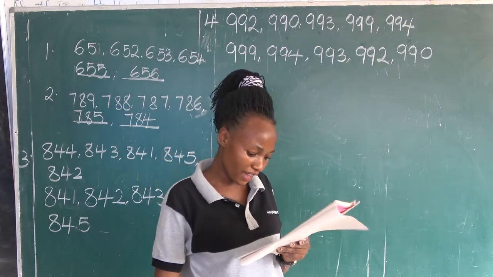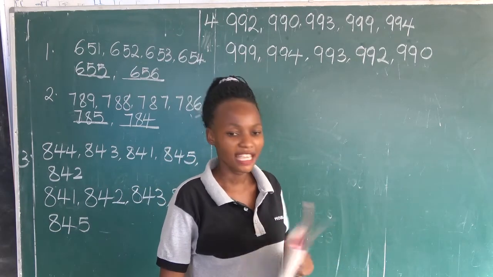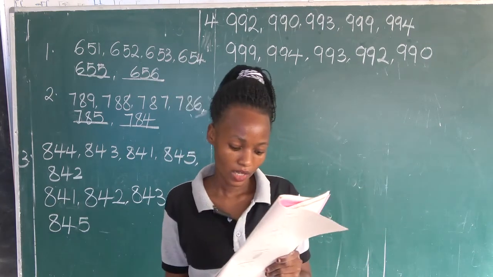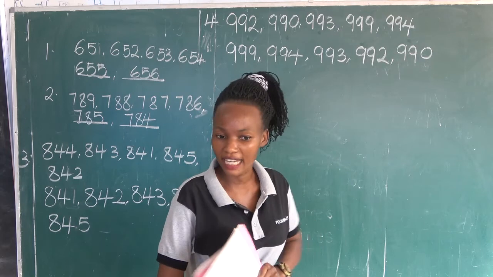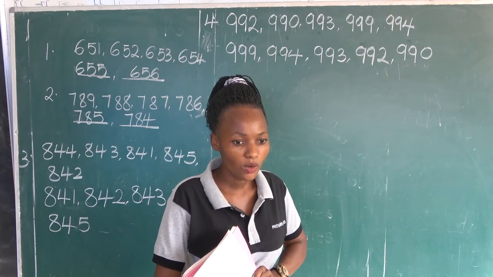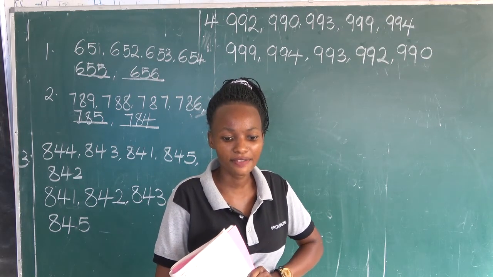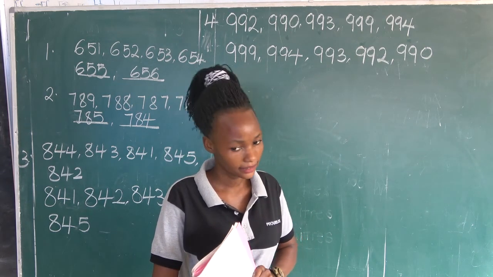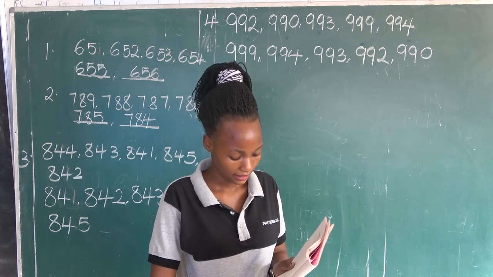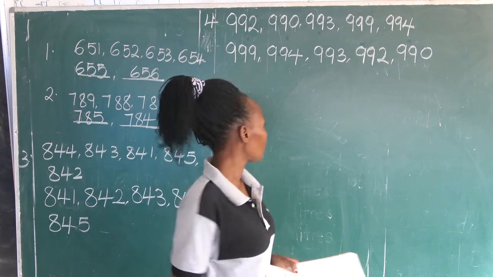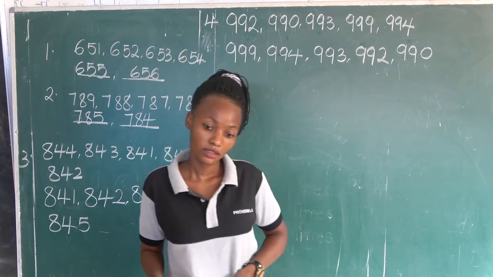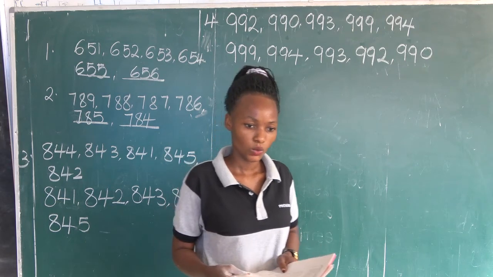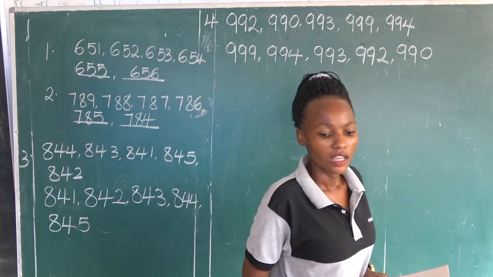Then for number 5, let me just read. Number 5. Write the number after. We have 99. Which number comes after 99? Who can tell me? Yes, Victor. 100.